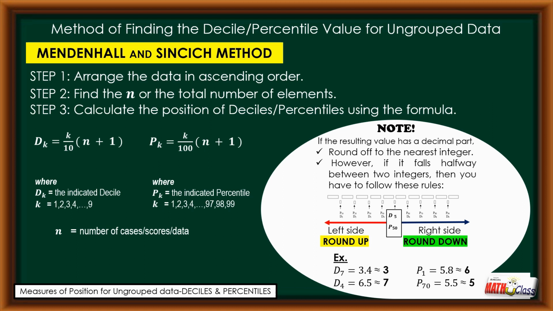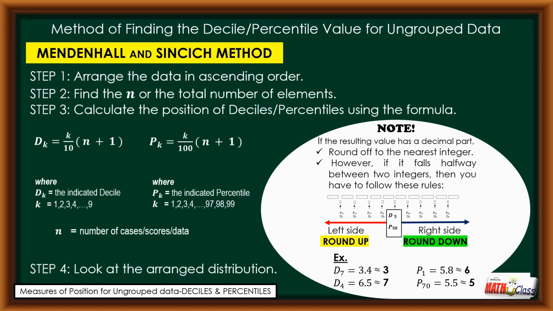If the position of D4 is equal to 6.5, then we have to round it up to 7 since D4 falls on the left side or less than the median, D5. And if P70 is equal to 5.5, then you have to round it down to 5 since P70 is on the right side or greater than the median, P50.